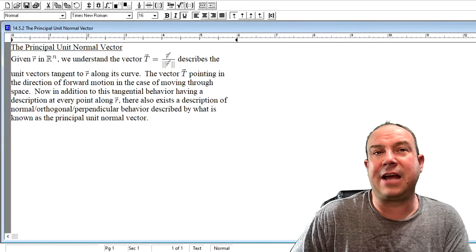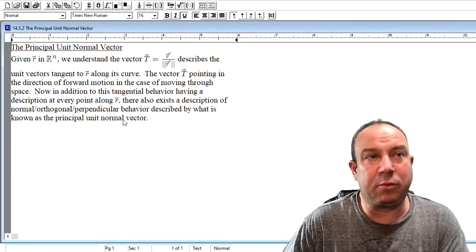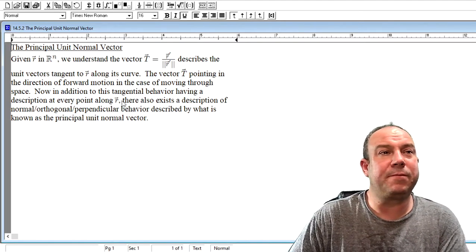It does describe forward motion, the case of motion in space in our study, folks. It would be the direction of forward motion.